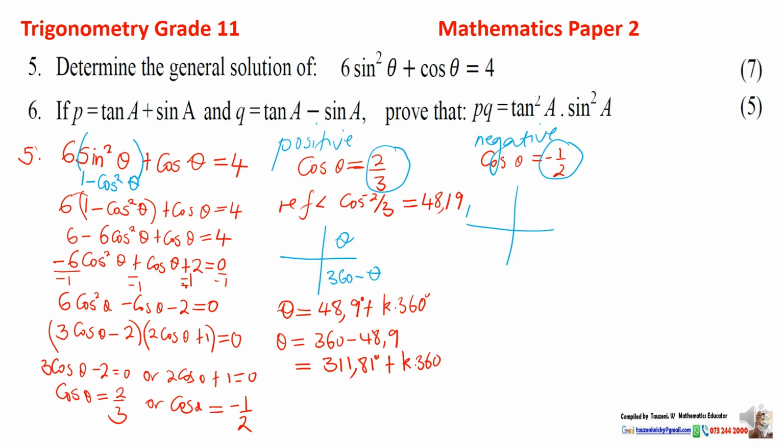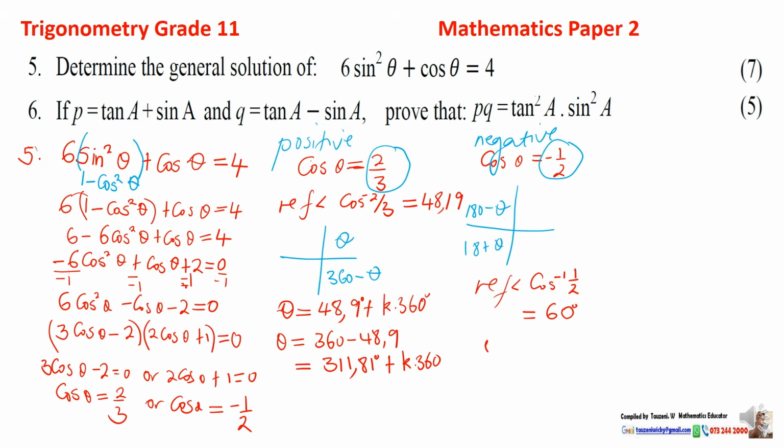Cos is negative in quadrant 2 and cos is negative in quadrant 3. So these are our solutions for that equation. Theta is the reference angle. I can find the reference angle using a calculator. Please, there is no need to put this negative sign in the calculator. We can use half as a positive number. So this is equal to 60 degrees. Then we use the negative sign to determine the quadrants in which we can get our solutions.